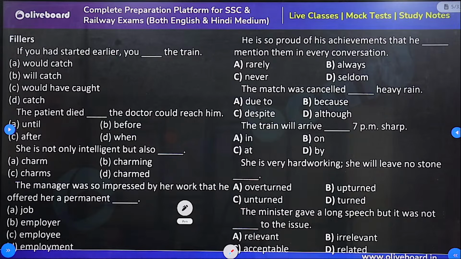Great. Ankit. Third is also correct. Nitish. No, Shivani.